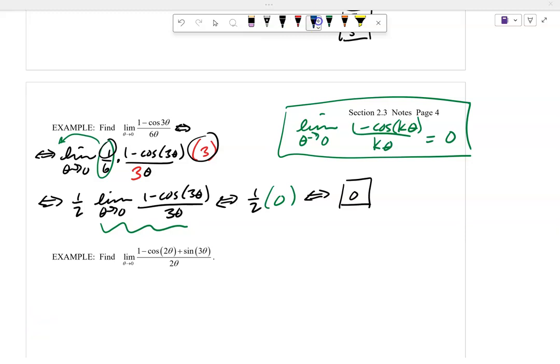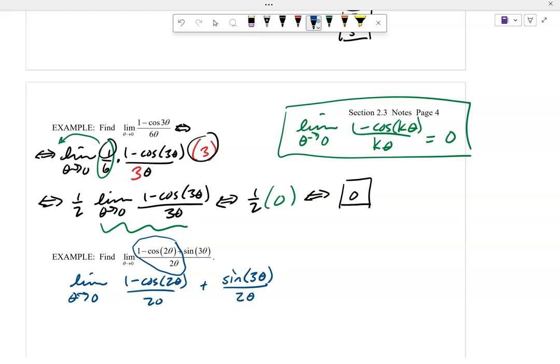I'm looking at this, you guys, and I'm seeing that's 1 minus cosine 2 theta over 2 theta. So I'm seeing a special case right there. And then I'm seeing, because this is a common denominator, sine of 3 theta. Now I wish it was over 3 theta, but it's not. But I can manipulate that, right?